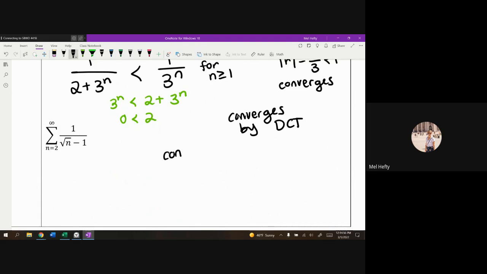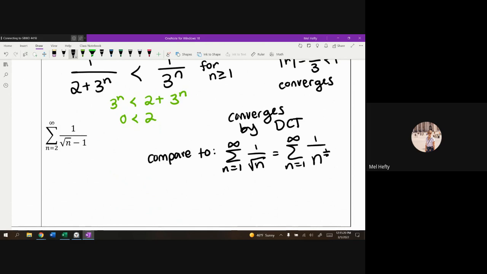All right. Anyone think they know what I'm not going to say convert, compare to? All right. What do you think we'll compare this to? 1 over square root n. I like that. How could we rewrite that to make it look more familiar? All right, n to the 1/2.